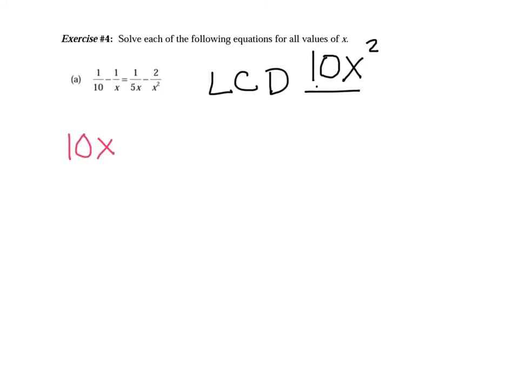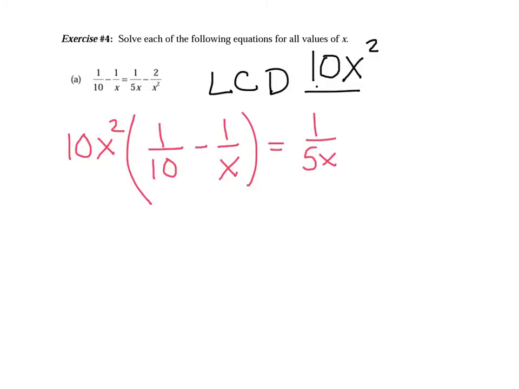So I'm going to say it's 10x squared times, I have my 1 over 10 minus my 1 over x equals the 1 over 5x minus 2 over x squared. And I'm multiplying by 10x squared. Okay, now I want you to do the same thing. Do the trick where we don't actually multiply.